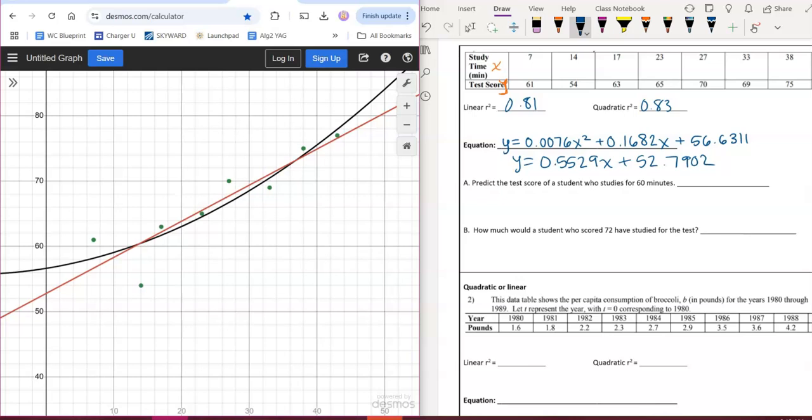It seems like it's curving. If we omit this dot right here, it does seem like it curves, but the linear data with this dot here kind of brings it back this way. So I'm going to go with the quadratic graph. I think that one would be better. Plus, if we look at the y values, they are increasing, but some of them go down.